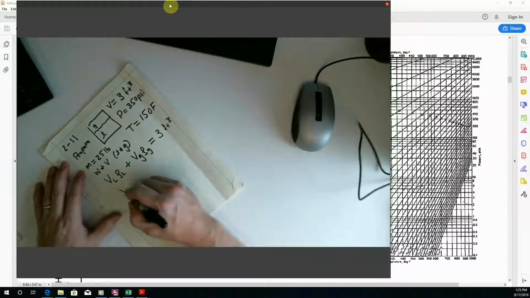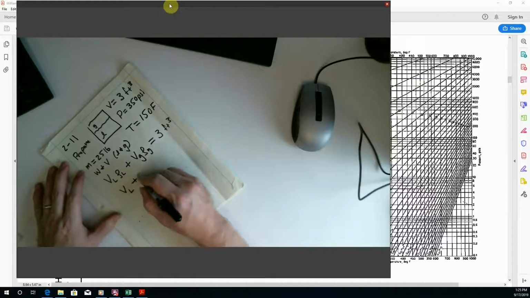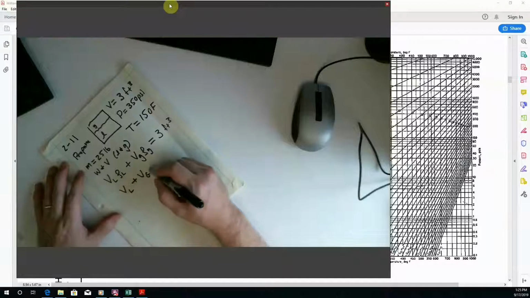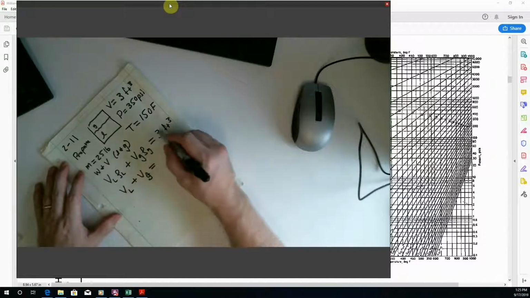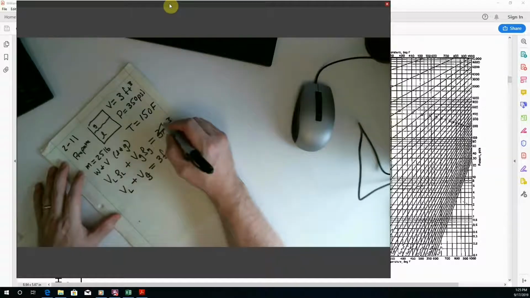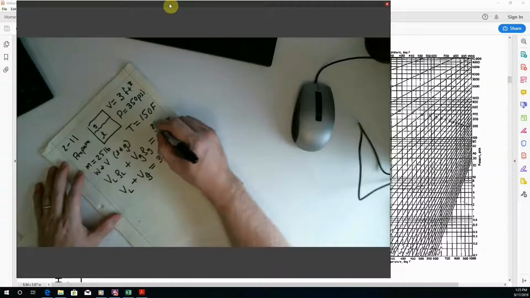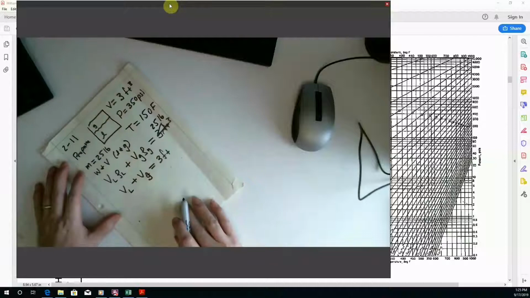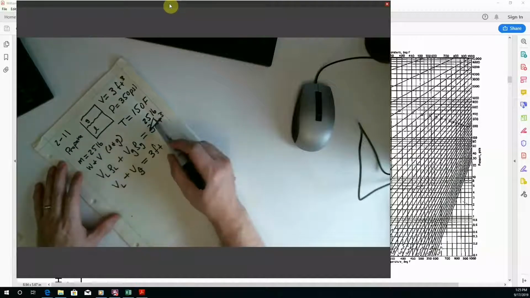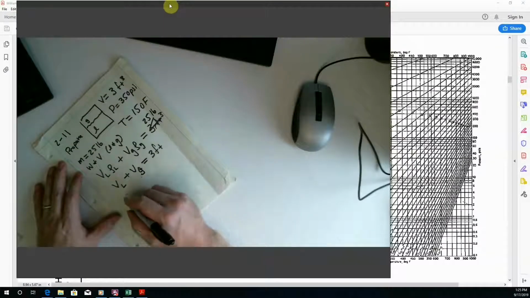And then we have to satisfy this equation: volume of liquid plus volume of gas equals, oh, I'm sorry, this is wrong. This is the 3 cubic feet, and this is 25 pounds. Sorry about that.